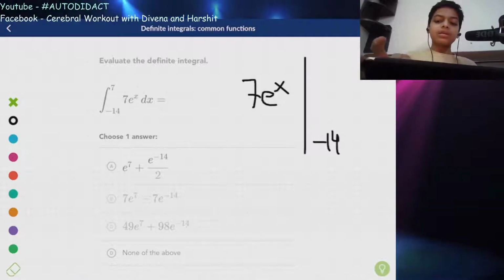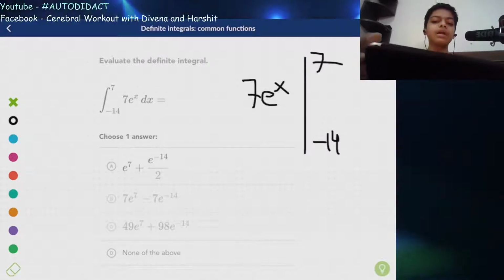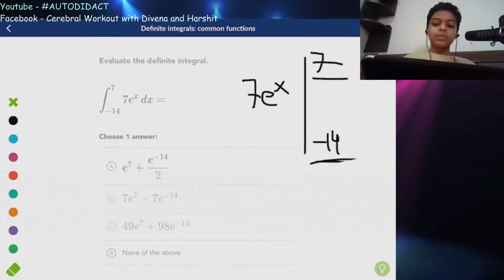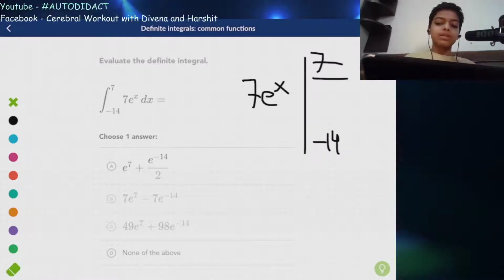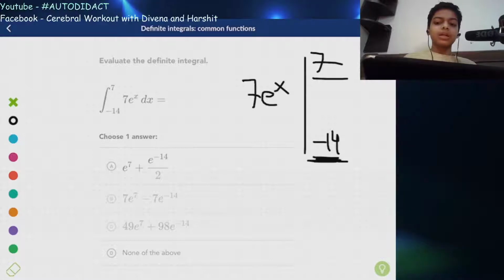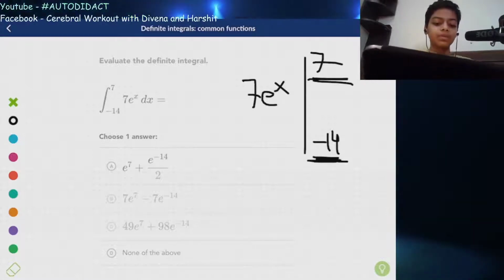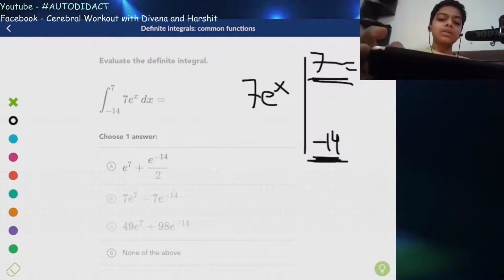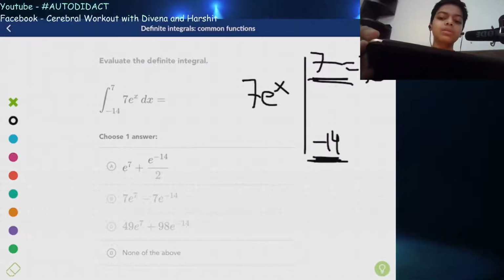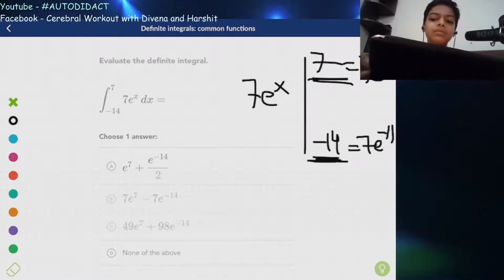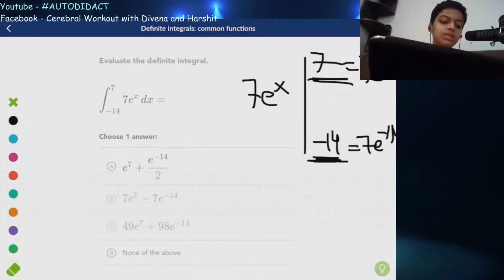When we find the value at 7, we want to subtract from it the value at -14. The value at 7 is 7e to the 7, and the value at -14 is 7e to the -14.